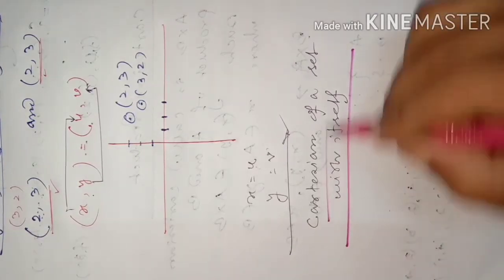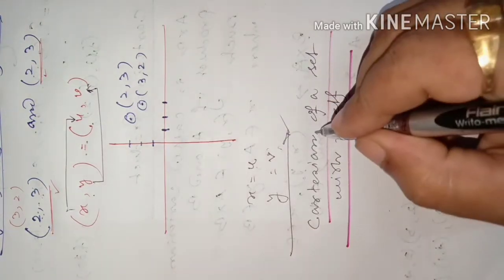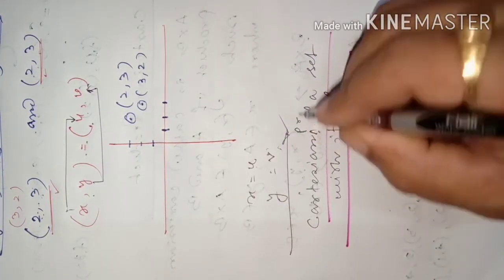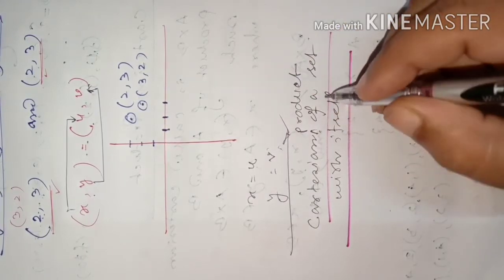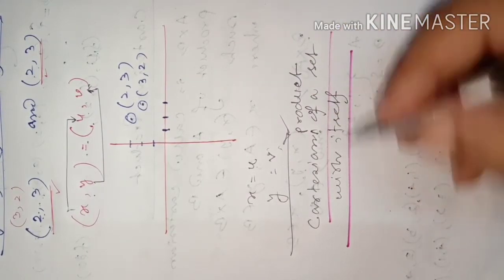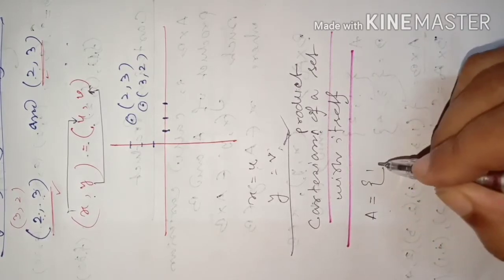Students, you see, the Cartesian product of a set with itself. Suppose A is a set with elements 1, 2.